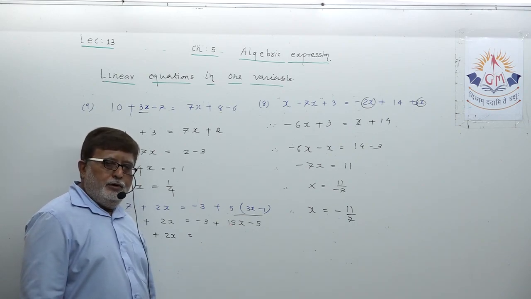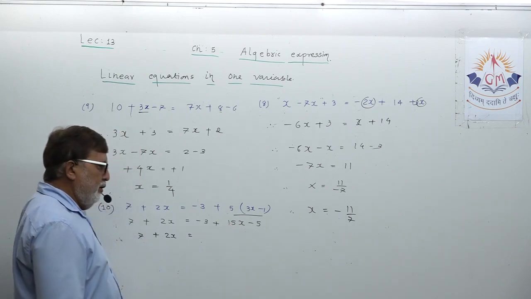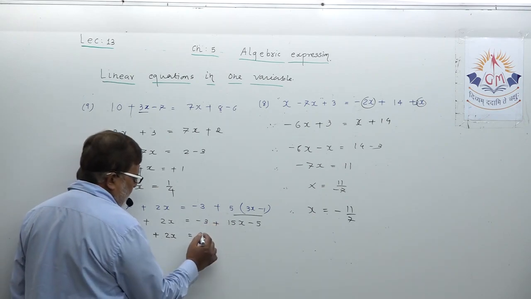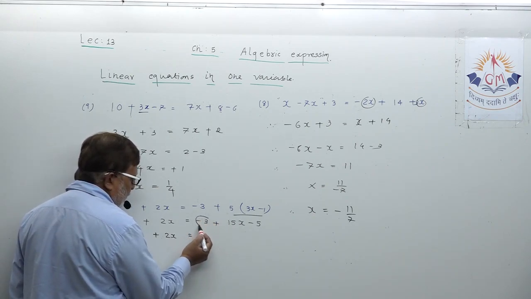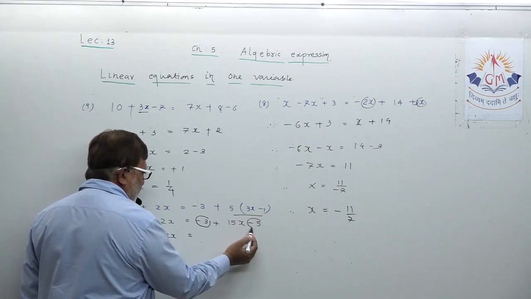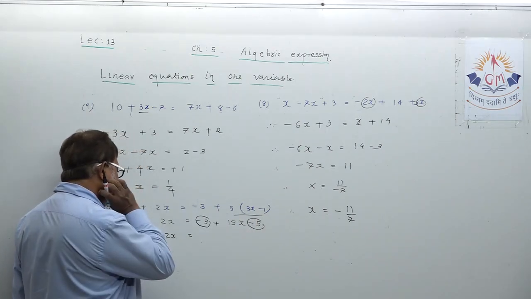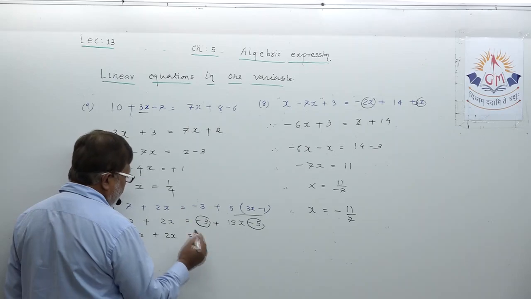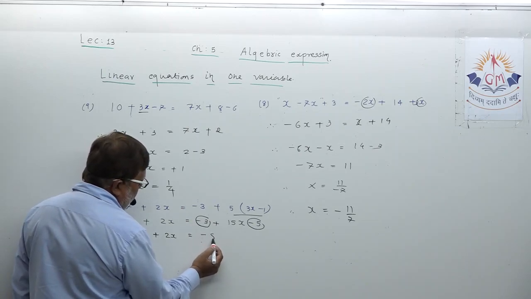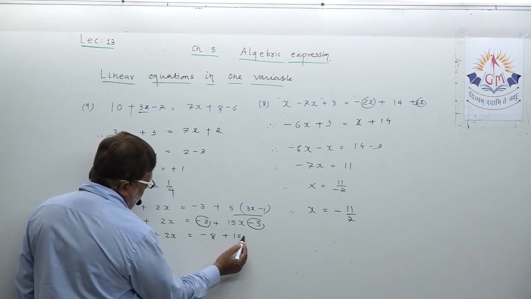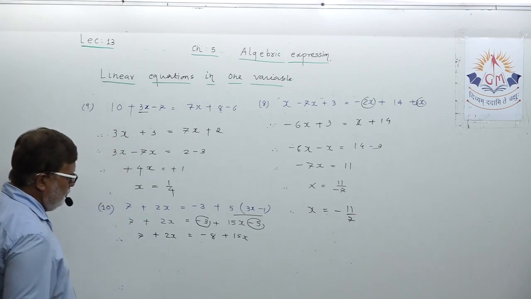One term contains the variable, that is final, but these are like terms, so let me solve them first. Minus 3 minus 5, it will be minus 8 plus 15x.